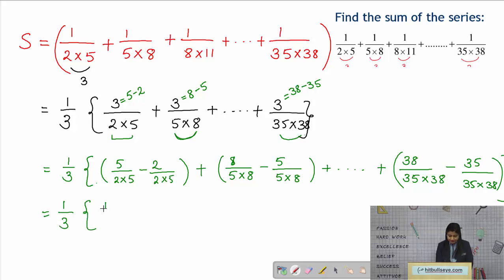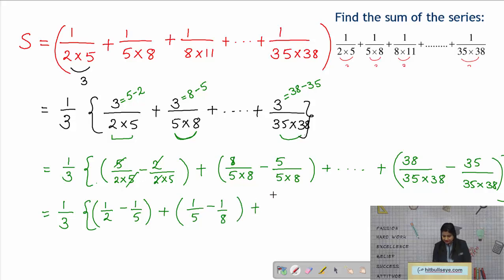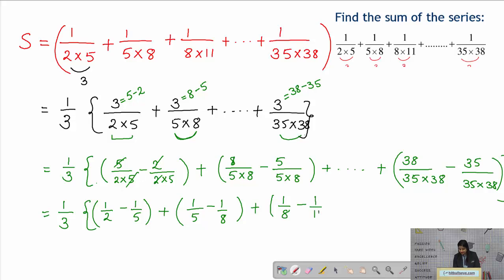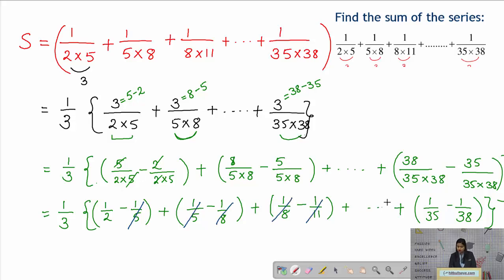Now it will become 1 upon 2 minus 1 upon 5 plus 1 upon 5 minus 1 upon 8 plus 1 upon 8 minus 1 upon 11. The last term will become 1 upon 35 minus 1 upon 38. Now, if we take the second term of first bracket and the first term of second bracket, they got cancelled. So, all the terms will get cancelled except the first and the last term, and this will happen always.